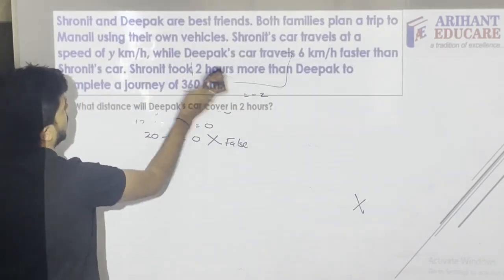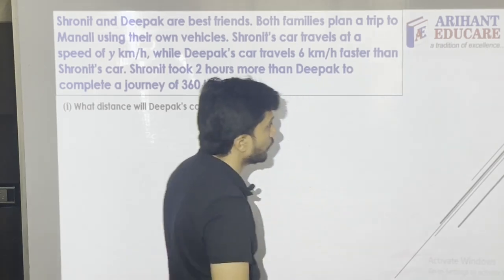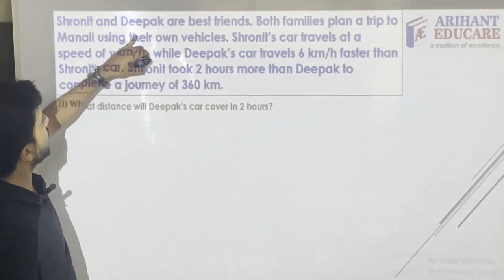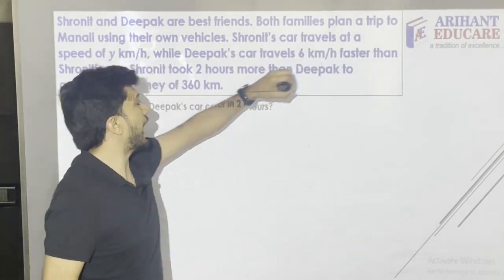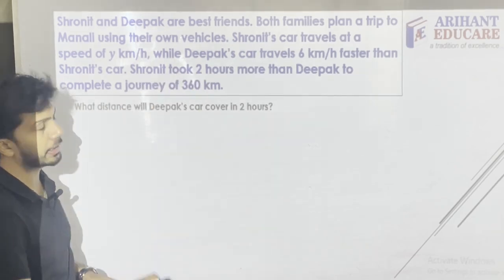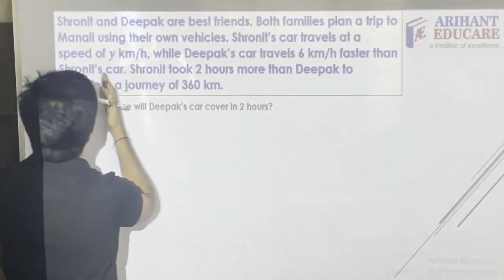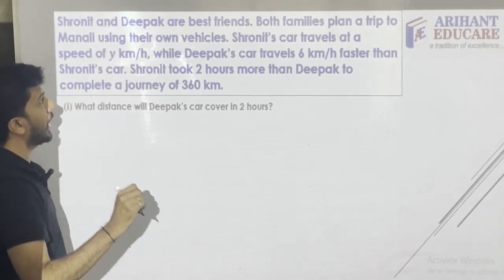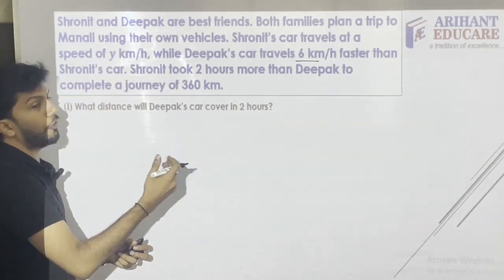Those are your case-based question. Let's understand the case-based question over here. What have they given? Shronit and Deepak are best friends. Okay, noted. Both families plan a trip to Manali using their own vehicles. Okay, I'm bringing my car. Deepak sir is bringing his own car. Shronit's car travels at a speed of y km per hour, while Deepak's car travels 6 km per hour faster.